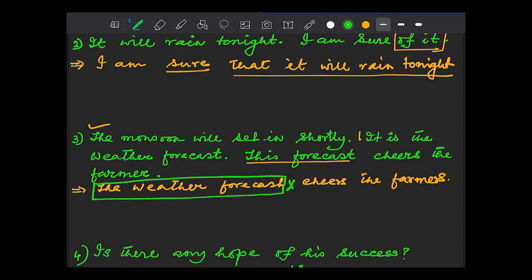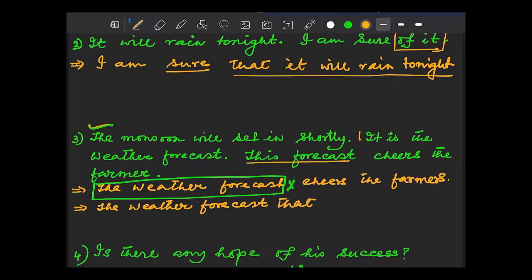noun phrase, that means noun, and this sentence, the monsoon will set in shortly, will explain this noun as an apposition. See, right? The weather forecast. What is the weather forecast?